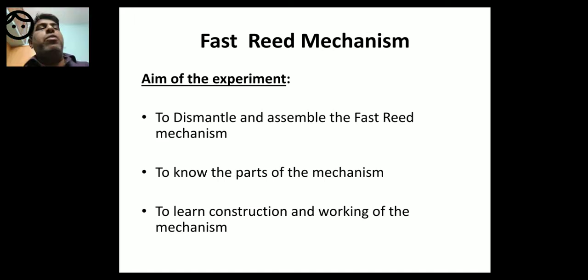Now we are coming into the fast reed mechanism. In the fast reed mechanism, the aim of the experiment, as usual, is to dismantle and assemble the fast reed mechanism, to know the parts of the mechanism, and to learn construction and working of the mechanism.